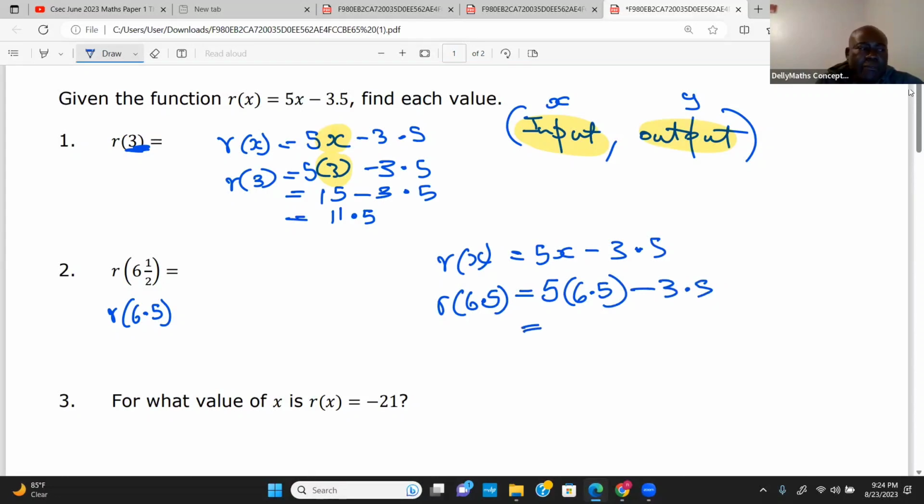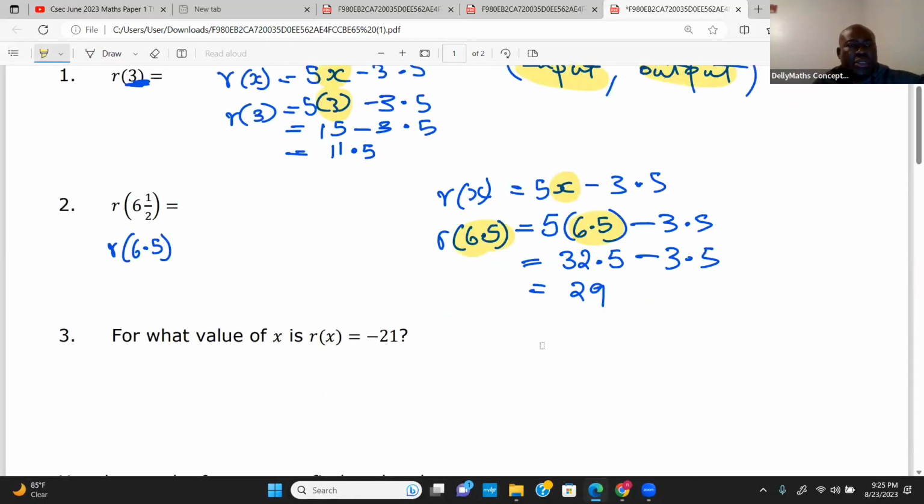If I multiply 5 times 6.5, I'll get 32.5. And then I'm going to subtract 3.5 from this, and my final response would be 29. Again, I was given the input 6.5, which means that I'm in search of the output. This input was inserted for x, and then we carry out the mathematical operations and finalize the answer.